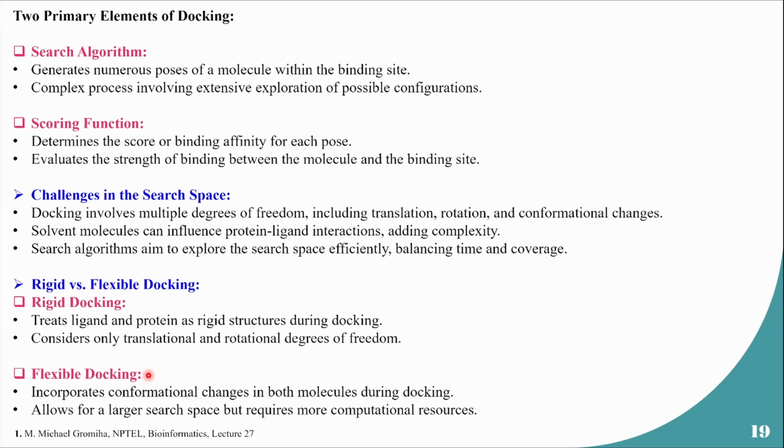If you have, let's say, 10 lakh molecules to dock, it will take forever if you consider a lot of residues flexible in the binding pocket. That is the main concern with flexible docking, because it can take a lot more time than if you consider it rigid.